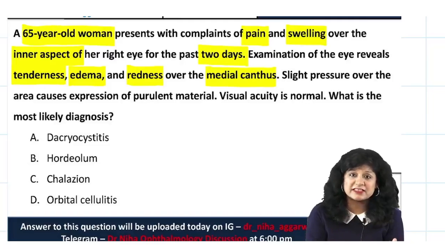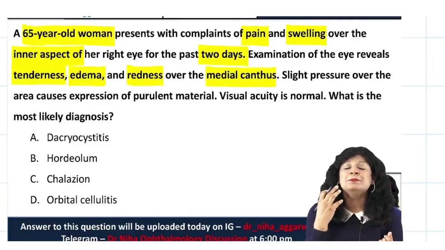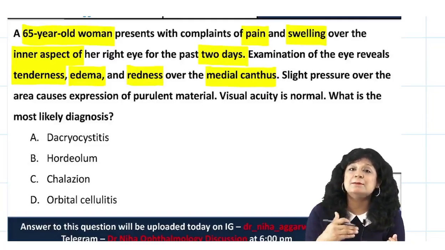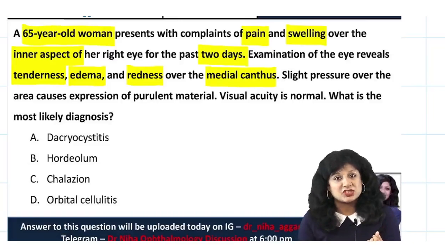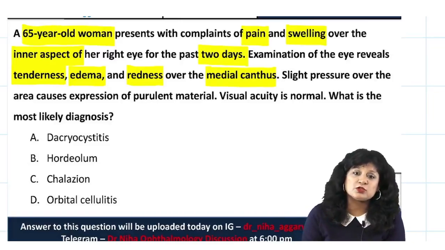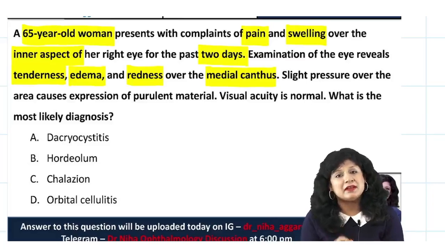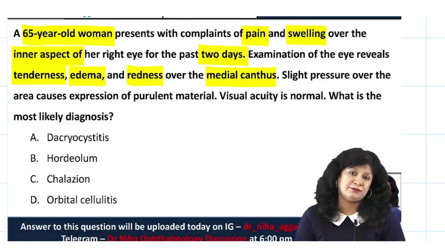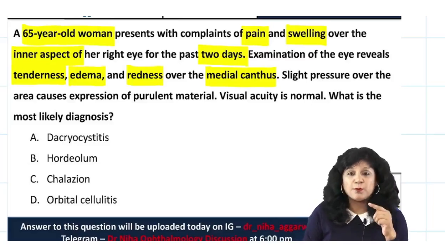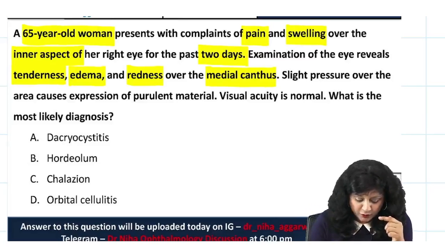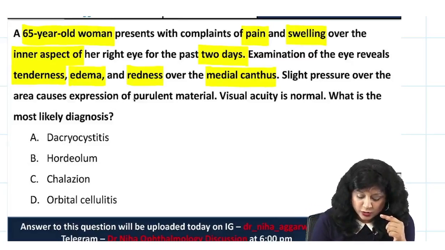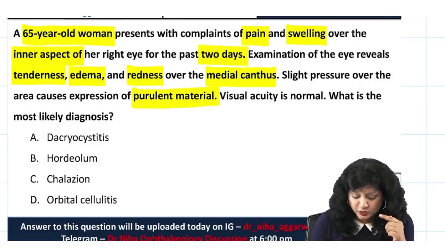We have tenderness. Tenderness usually indicates that there is some pus or there is some infection there. Redness is also a sign of inflammation. Edema is definitely a sign of inflammation. Now on putting slight pressure over this area, there is also expression of the purulent material.